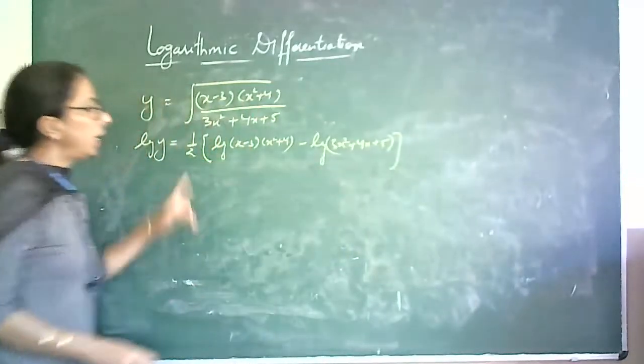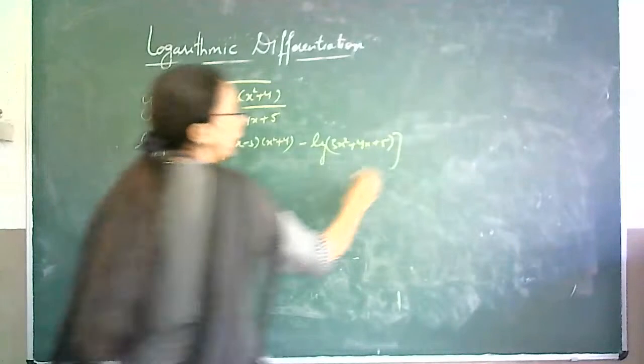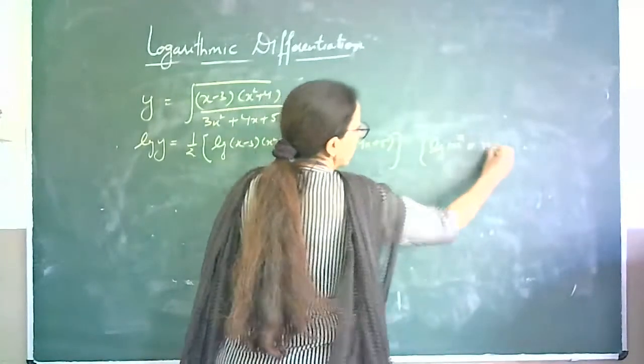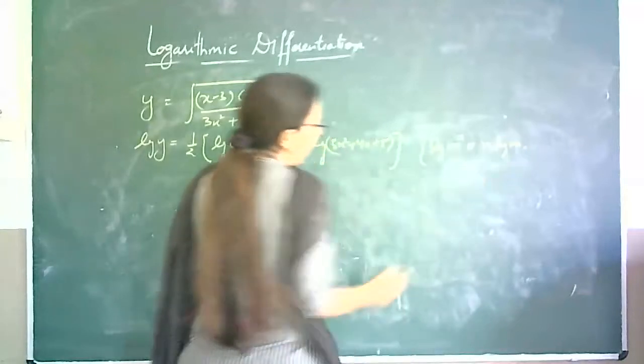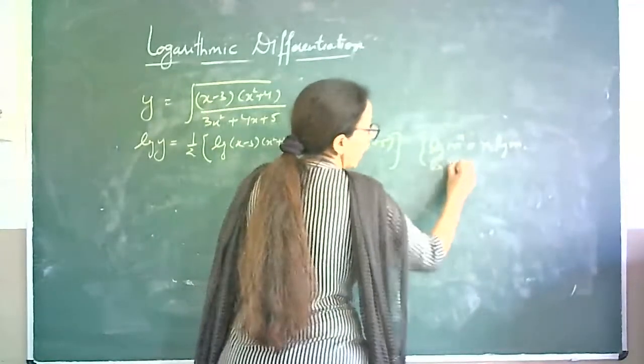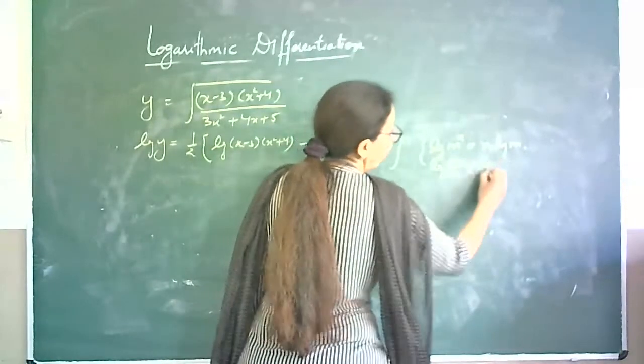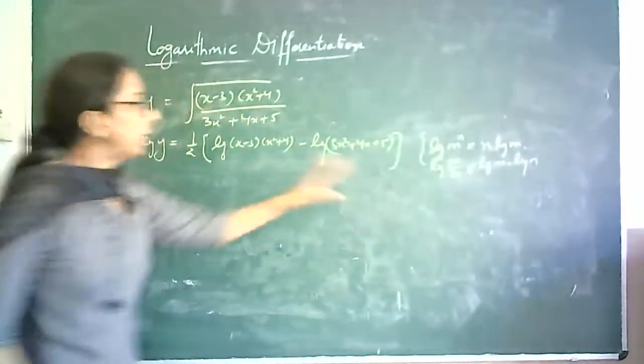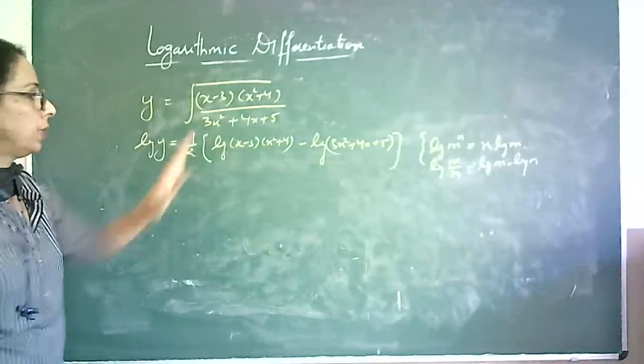Here what I have applied is log m raised to power n is n log m, and log m by n is equal to log m minus log n. Directly I have applied both the operations here.